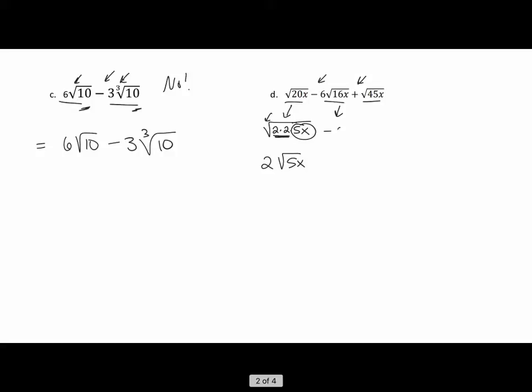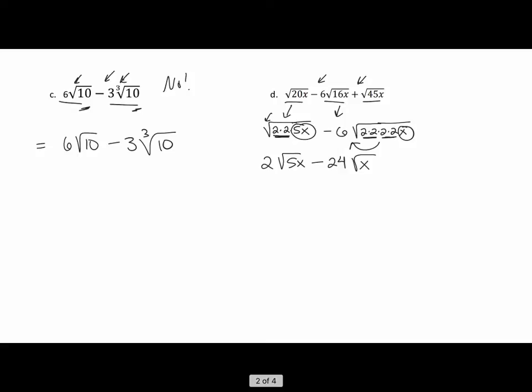this middle term, there's already a negative 6 in front. And then 16 is 4 times 4. So that means we do have 4 that we can bring out. So that's going to multiply with the negative 6, making that negative 24. And all that's left inside is x.